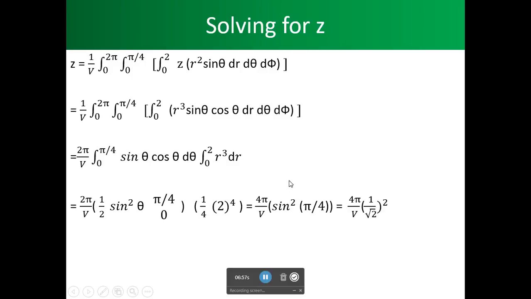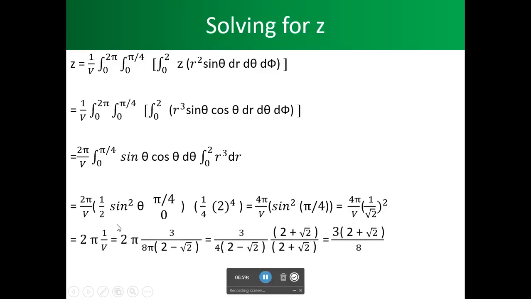Squaring this, you get 1/2. So the 1/2 will cancel out with that, and we'll get 2 pi over V.